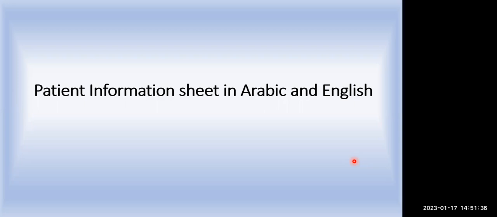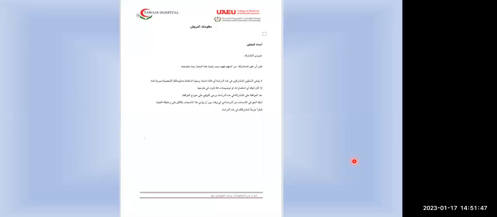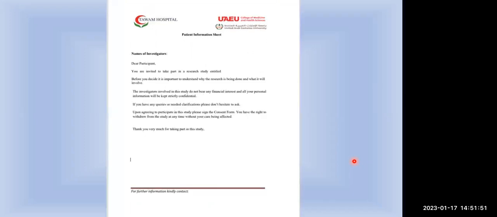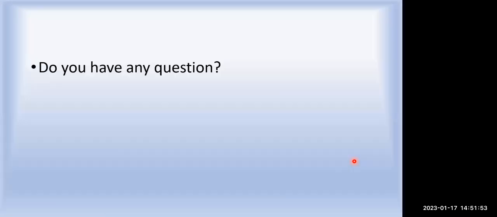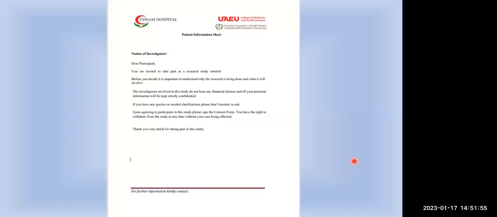Then the participants, who could be patients, will be given the consent form in Arabic and English to be signed. So this is the patient information sheet in Arabic, and this is the patient information sheet in English. These are the most important points that I would like to tell you in this lecture.